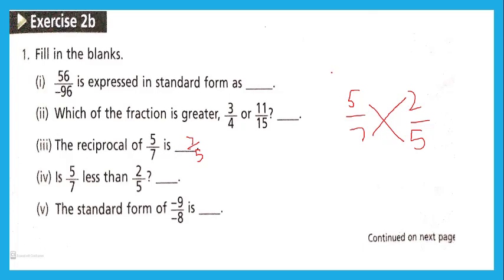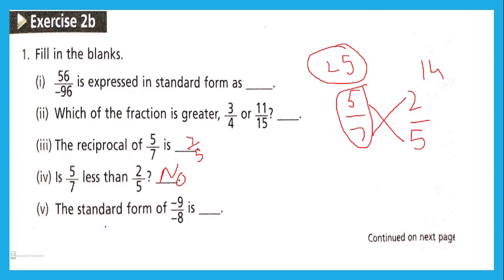So 5 multiplied by 5 is 25, and 7 multiplied by 2 is 14. By comparing these two numbers, I can see that 25 is greater. So that means 5 by 7 is greater than 2 by 5. But over here it's written: is 5 by 7 less than 2 by 5? No, 5 by 7 is more than 2 by 5. Therefore we should write over here no.